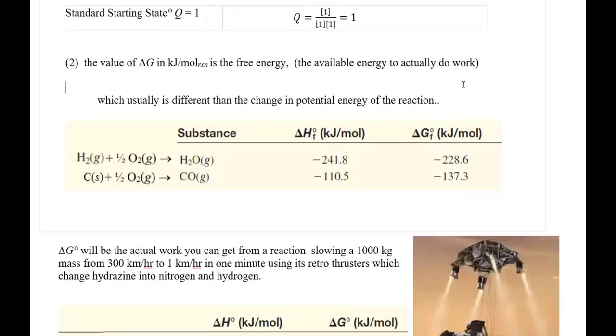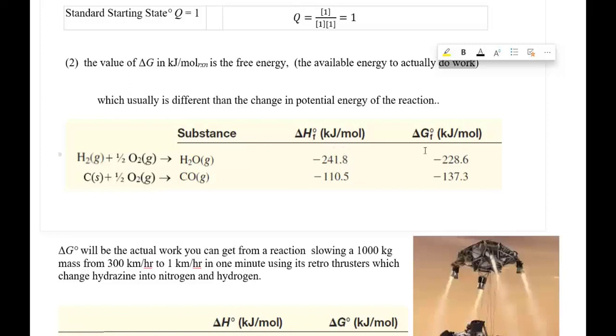Now, this is where we end up dealing with work, and I'm going to explain that more carefully. If you really want to harness this to do something, if you want this to power a car, move it, if you want it to power your cell phone or run an engine, you're not going to get 242 kilojoules that are available out of this heat to actually do something.